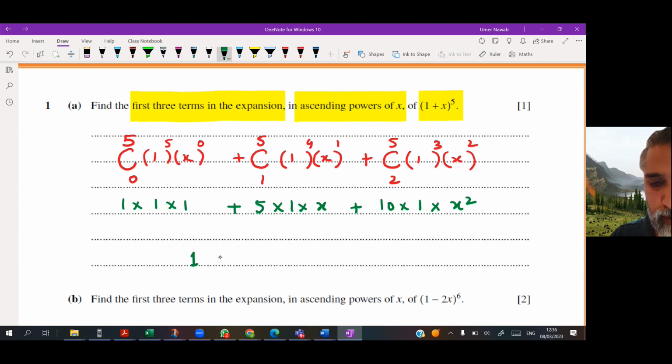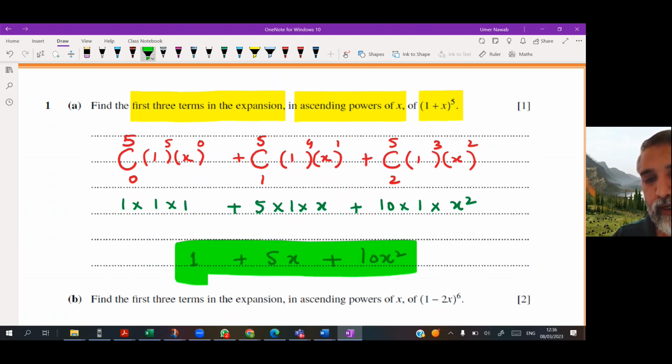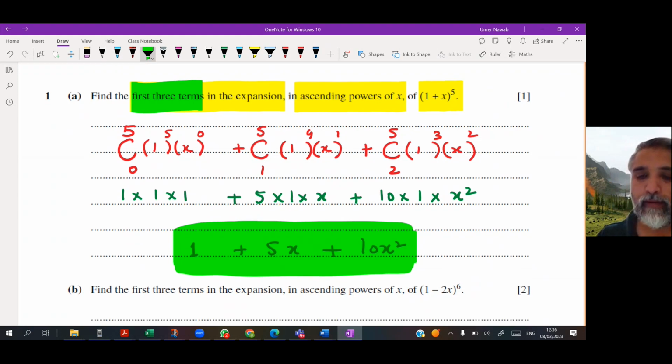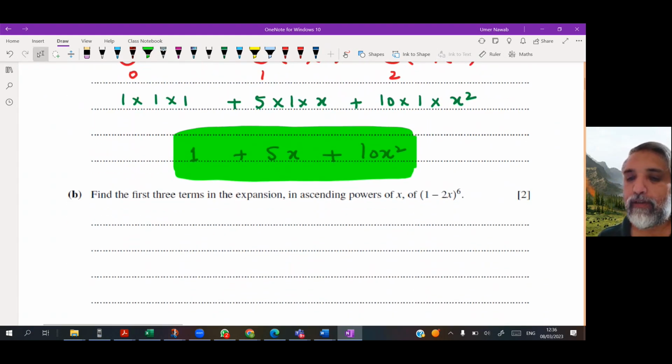So the expansion is 1 plus 5x plus 10x squared. This is the expansion which I will get. As the examiner wants the first 3 terms, I did it in front of you. Now find the first 3 terms in the expansion of this. Can I do the same thing, guys?